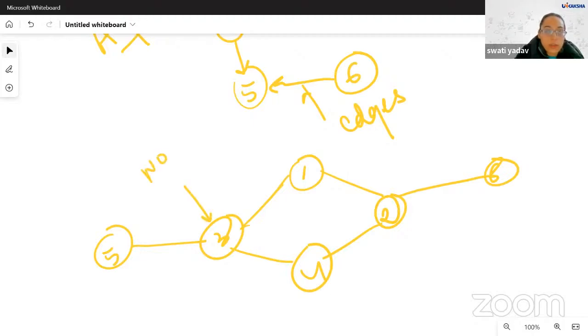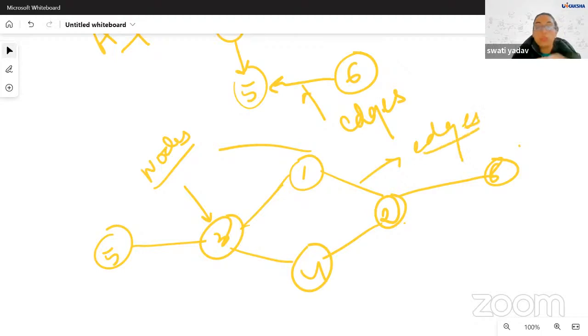Now these are also nodes. This is a node. This is a node. This is a node. And this is an edge connecting those two nodes together. That is an edge. Okay. So there are no rules that you have to call it nodes or vertices or edges or arcs. Whatever suits you, you're going to call it that. Okay. So the basic terminology.